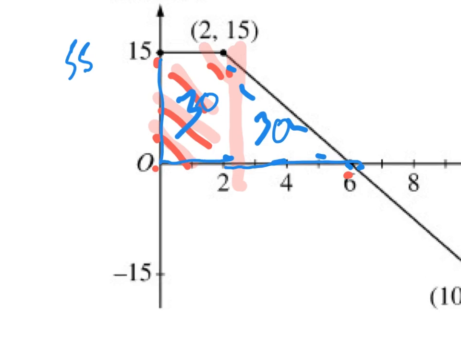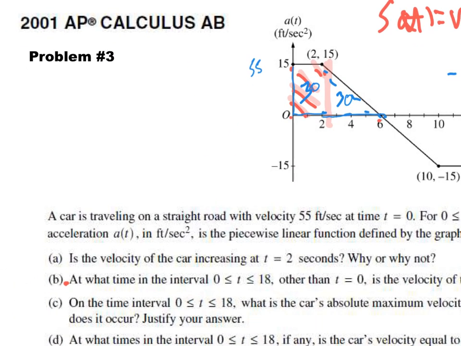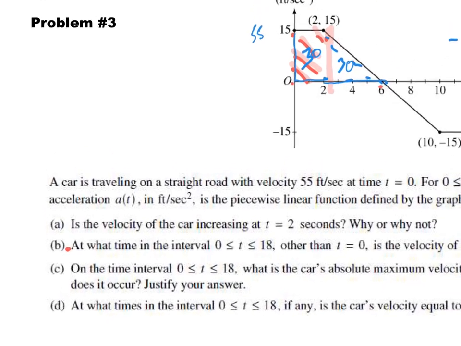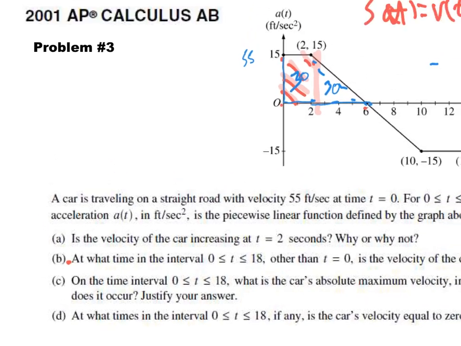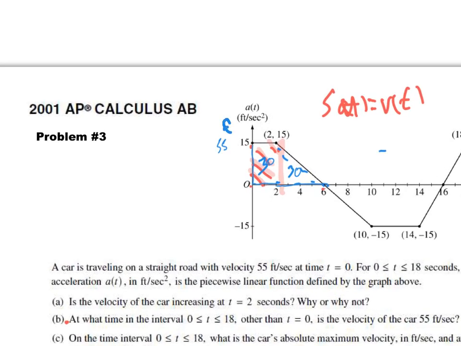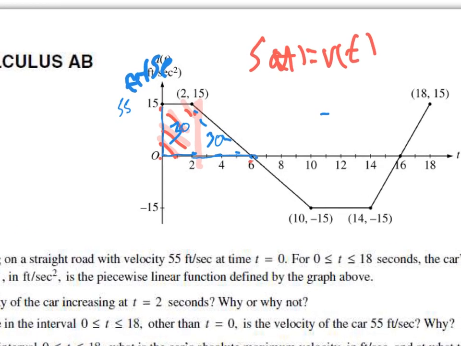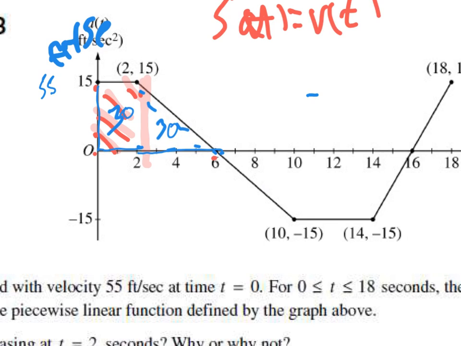He said the initial velocity is 55 feet per second. So before we even start looking at the graph, it was 55. But I've accumulated now 60. So I'm going to the right. Keep going. Now I'm going to have to take away from the, I want to get a total of 55. So right now I got a 55 starting out, plus a 60.